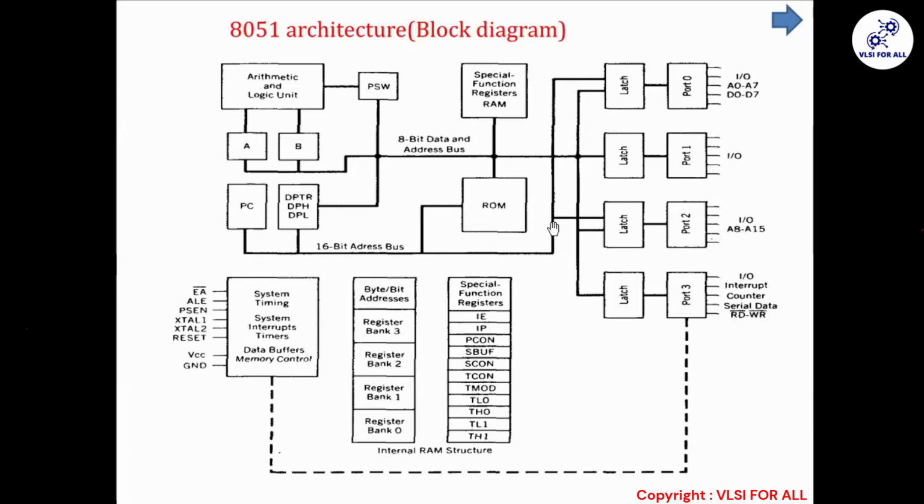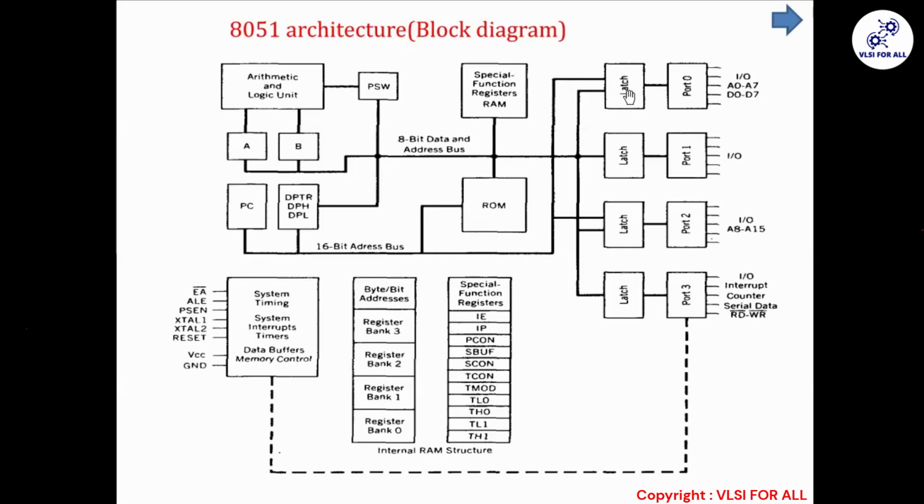Now, look here. After this, there are port 0, port 1, port 2, port 3. What are they doing? They are dealing with the external world. All the IOs, either the signal taken in or the signal to be given outside, ports are dealing with it. So these are the pin, then the port and the latch. I told you that a latch is required so that something you are giving out on the port stays for some time.